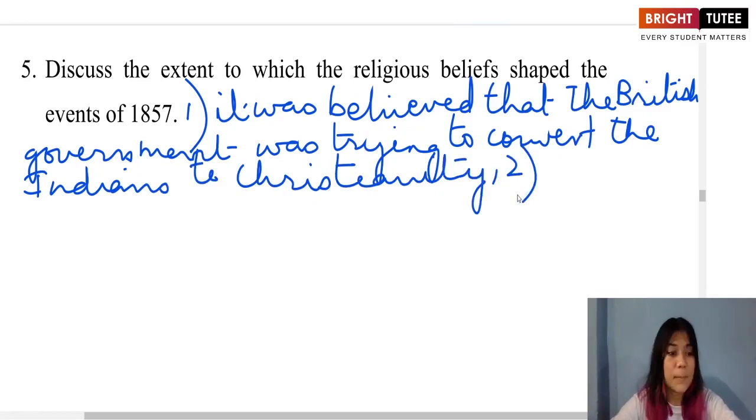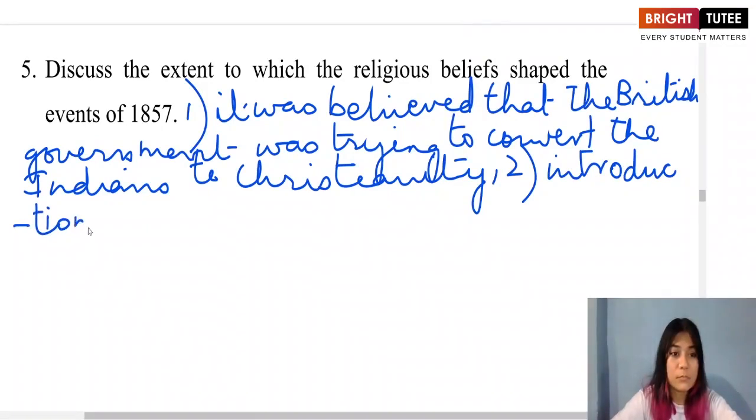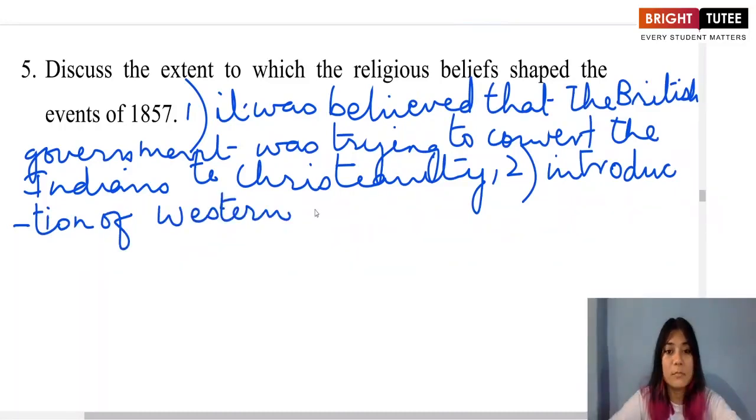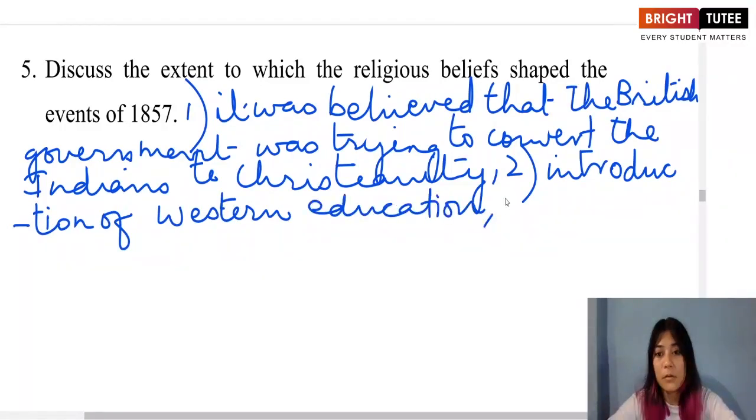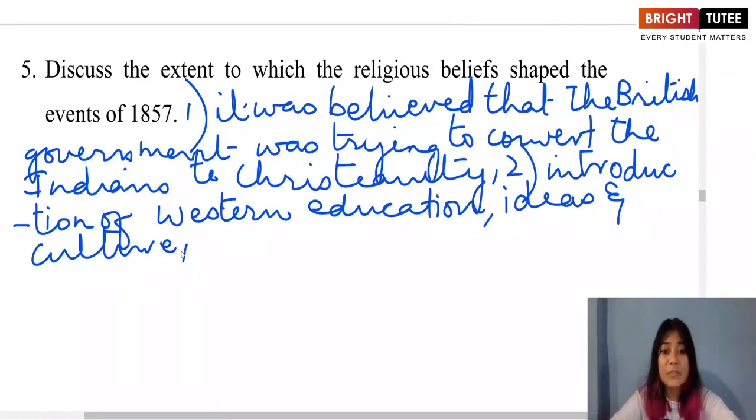Number 2, the introduction of Western education, ideas, and culture. This was believed to harm the Indian religious customs and traditions of the people.